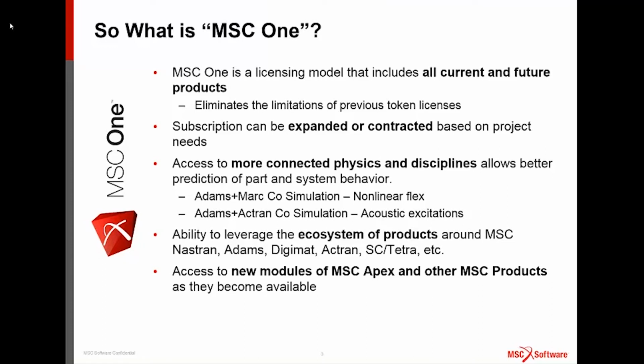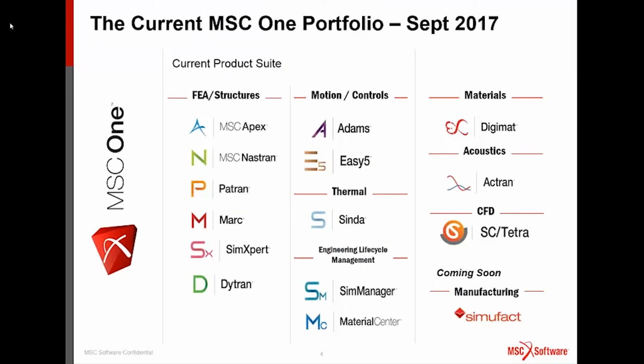When they come out, they become available on the MSC One system. And this slide here is just a current display of the large, high-level product families that are covered by MSC One. That purple A here in the middle is the one we're going to be talking about today, for the most part, and that is Adams.